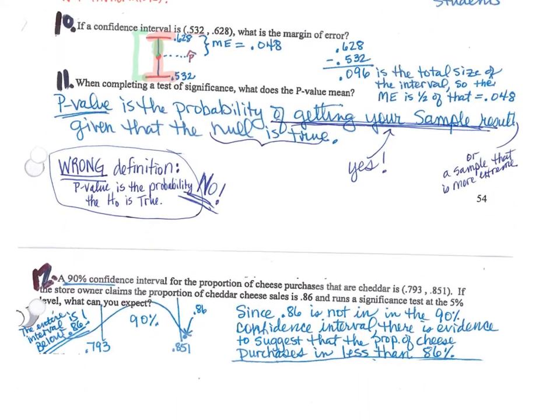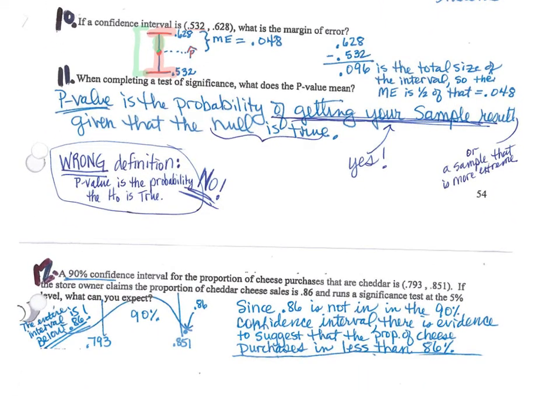Now I have got to warn you against the most common wrong definition for p-value, because I guarantee you it will be a multiple choice option. Okay, you ready? P-value is the probability of getting a particular sample result if the null hypothesis is true. This is the real definition.